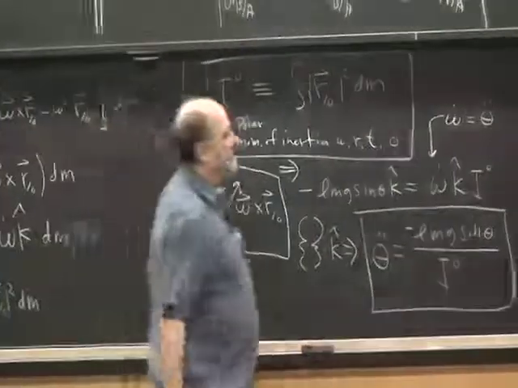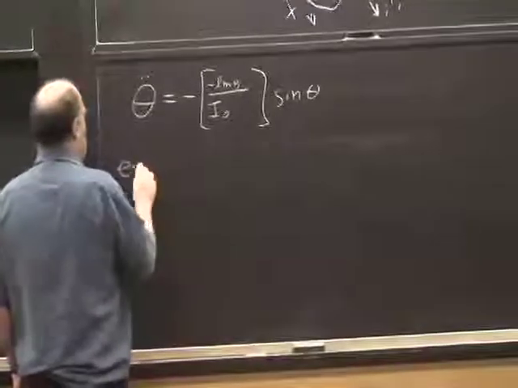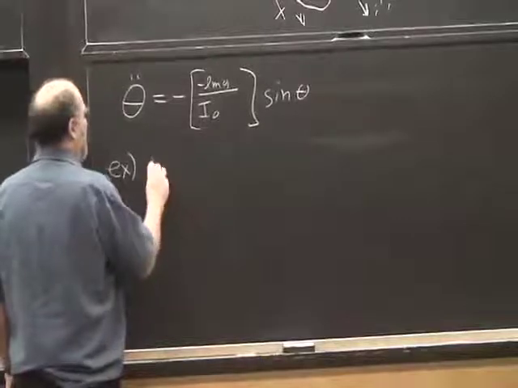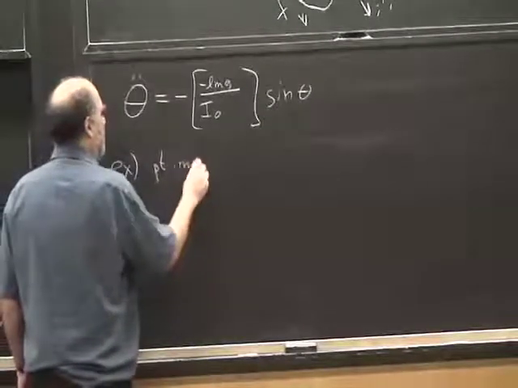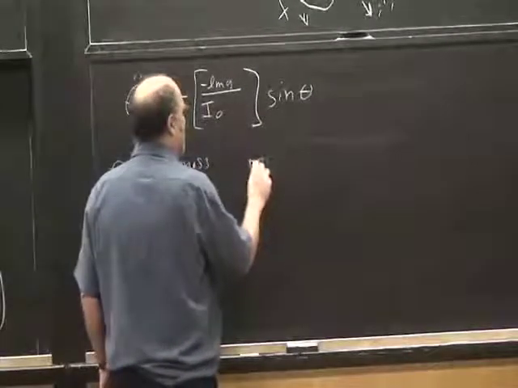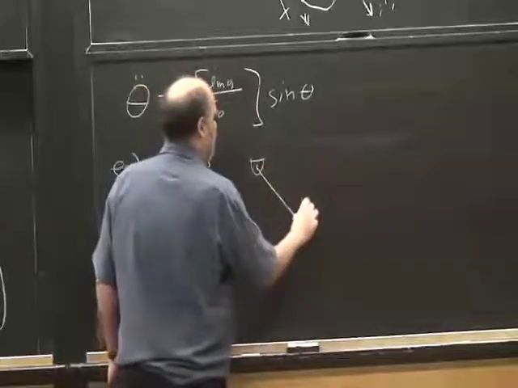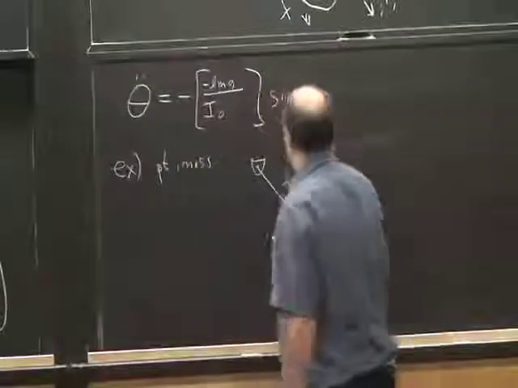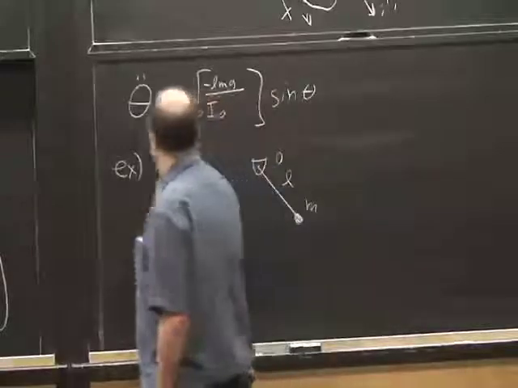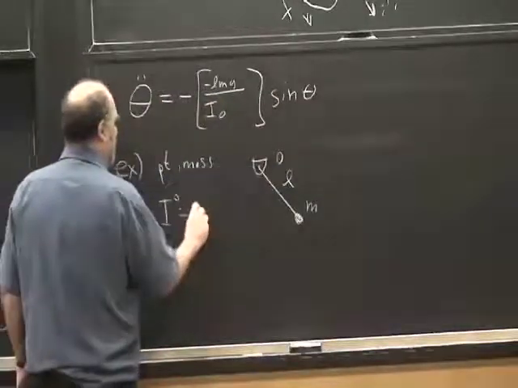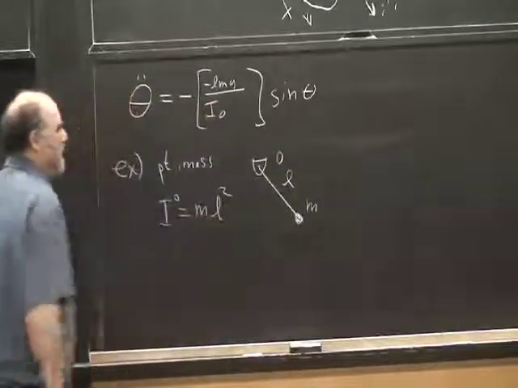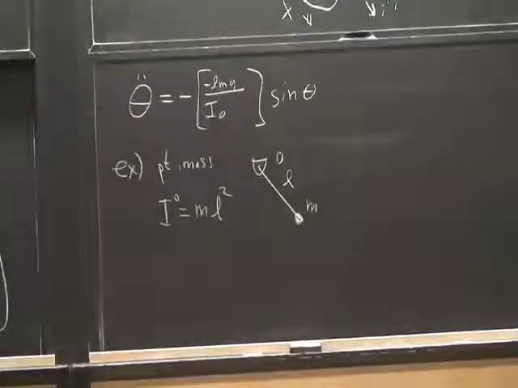Let's do a special case, just to check that we did everything right. Let's do a point mass. So the point mass, we'll have an M here, we'll have an L. What is, for a point mass, what is I0? It is just m l squared, because when we add up over the mass, the distance squared, it's just the mass times the distance squared.